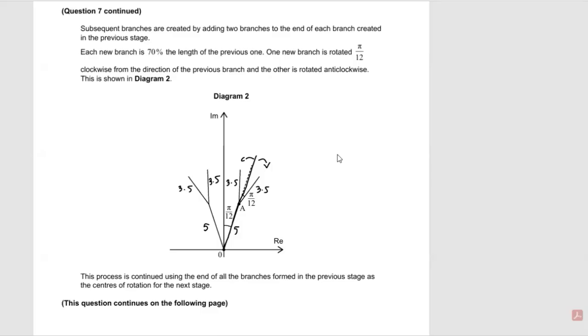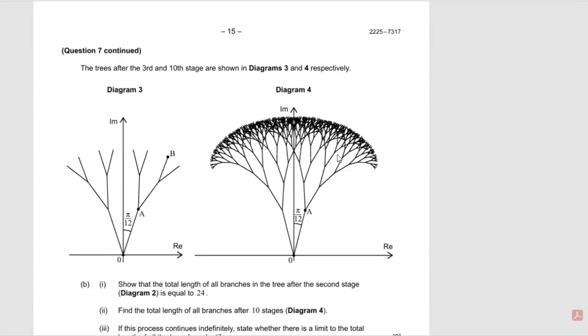This process is continued using the end of all the branches formed in the previous stage as the center of rotation for the next stage. Okay, I need to just read this once again. Right, fine. So the previous ends are used as the center of rotation for the next ones.